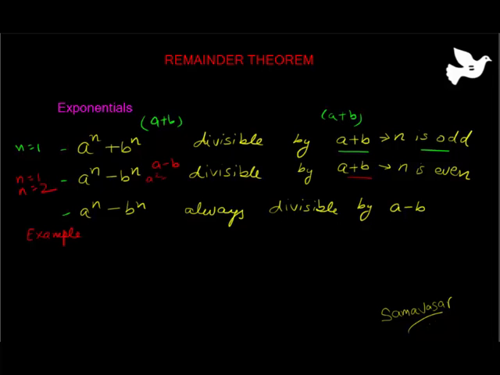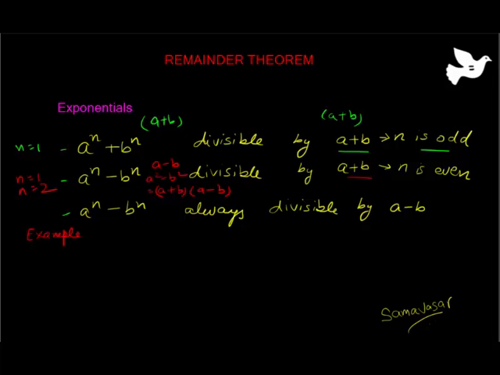I will get a square minus b square, which is equal to a plus b into a minus b. So you can see this is divisible by a plus b. For n equal to 2, which is an even number, this whole thing becomes divisible by a plus b. It implies that whenever I have an expression of the form a raised to n minus b raised to n and n is even, it will be divisible by a plus b.